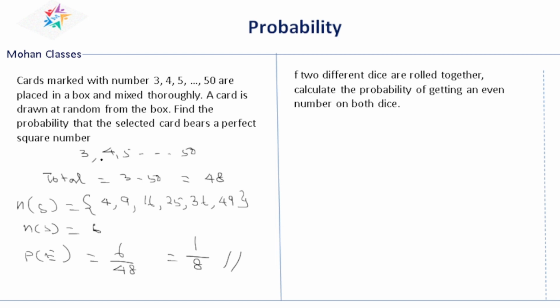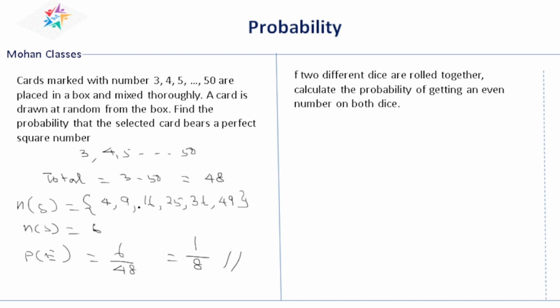First we have to find the total possible outcomes. 3 to 50 there will be 48. So what is the condition they have given? Find the probability that the selected card bears a perfect square number. So from 3 to 50, what are all the perfect square numbers? 4, 9, 16, 25, 36 and 49.